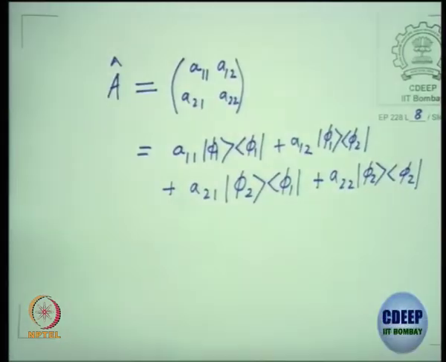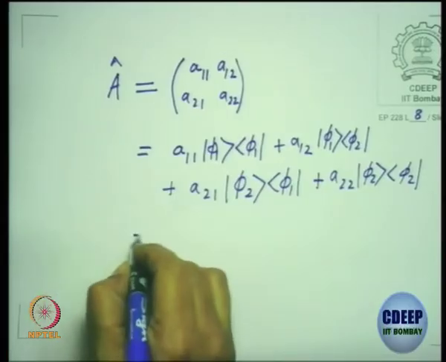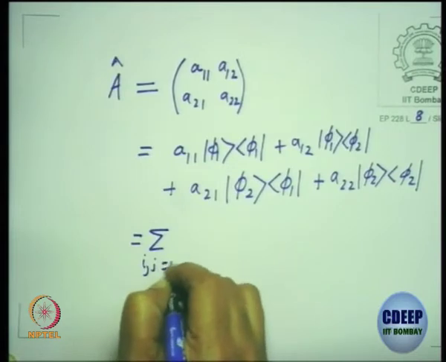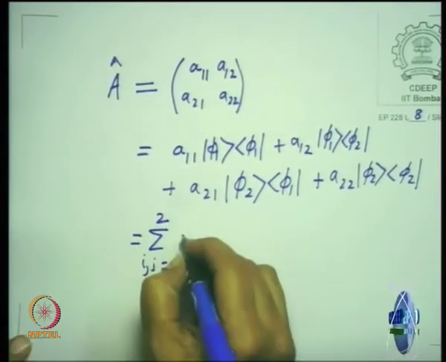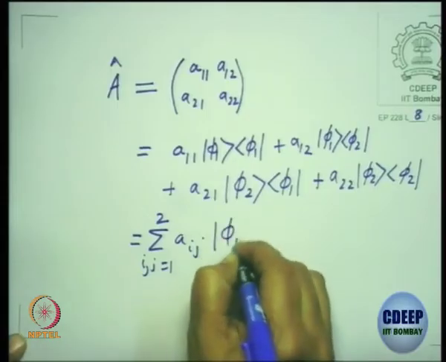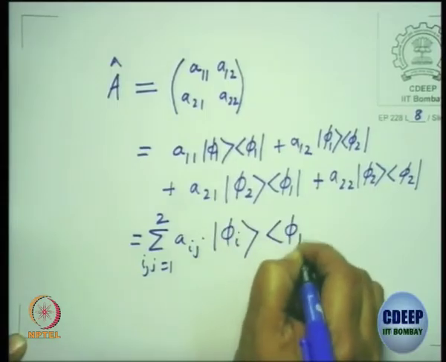This is also correct. Write this compactly as summation over i, j, which is 1 to 2, Aij phi i phi j.